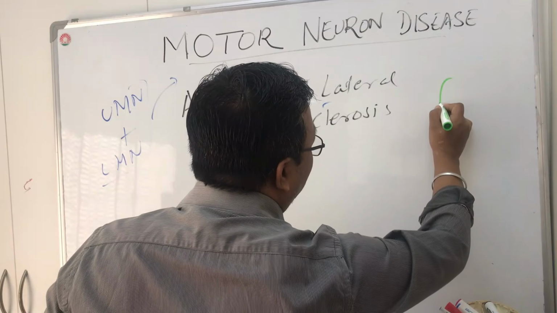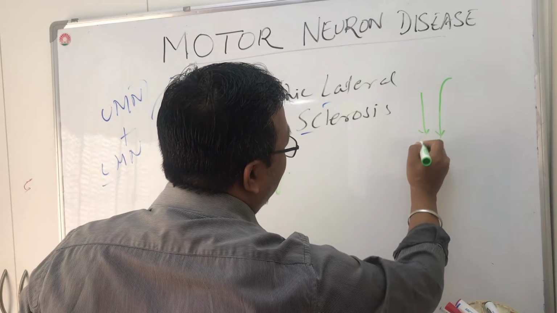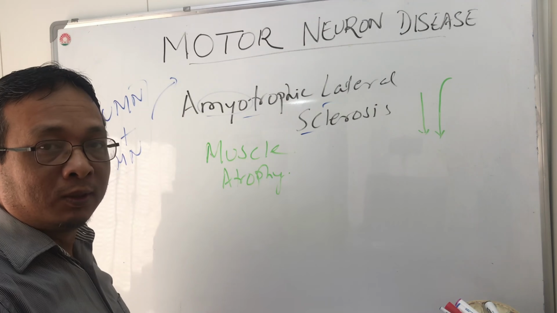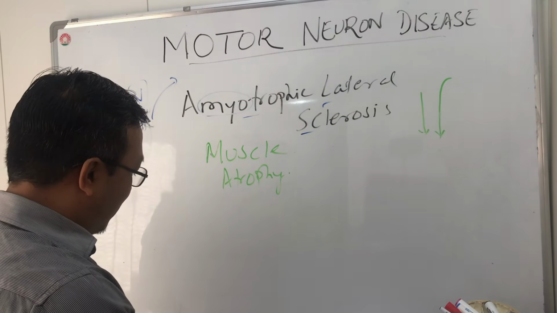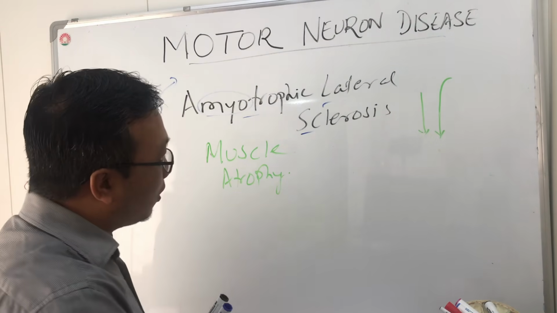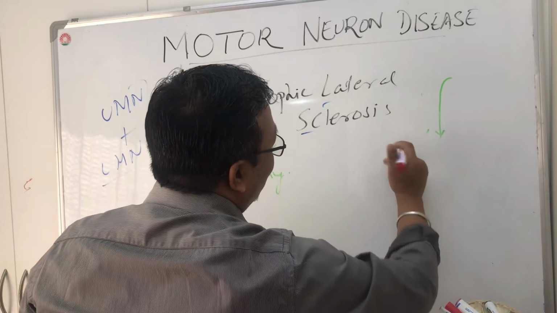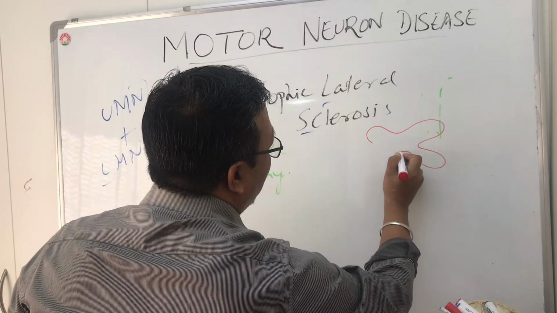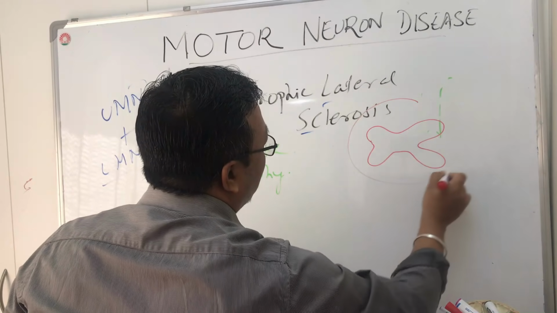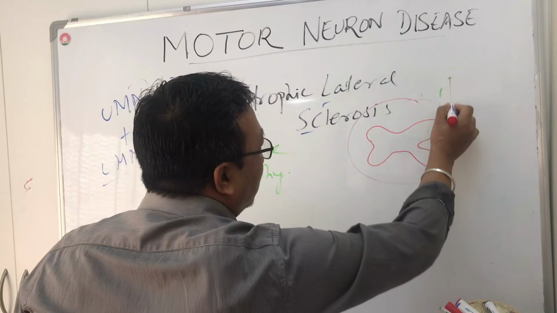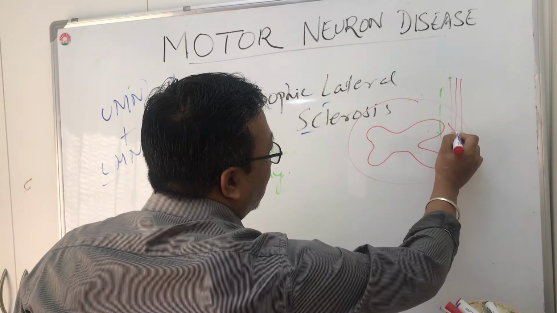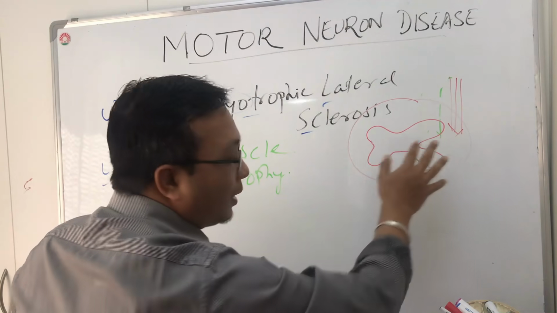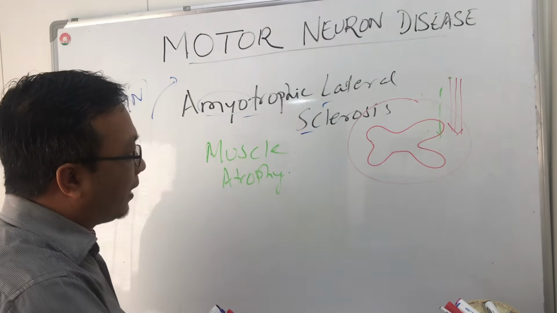When the corticospinal tract comes down to the spinal cord, 80% continues as the lateral corticospinal tract and 20% proceeds as the anterior corticospinal tract. So they come into the lateral column. We are talking about the lateral corticospinal tract.